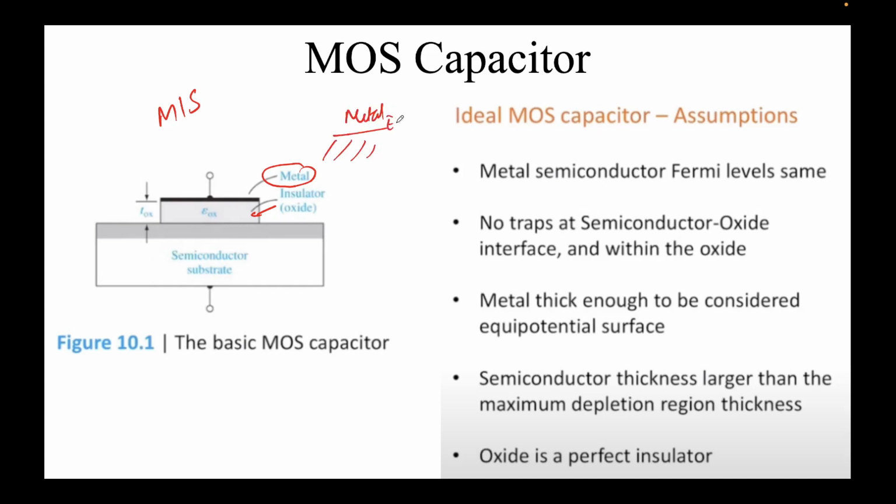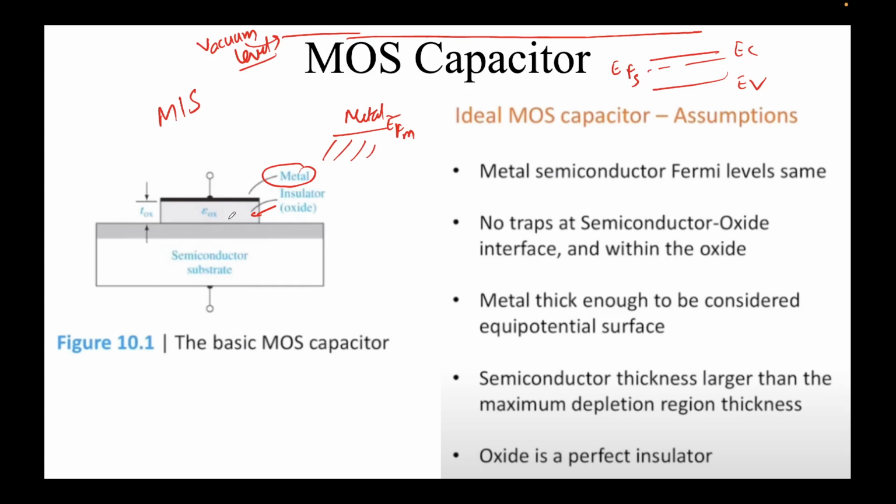This is the Fermi level of the metal, and on the right side you have EC, EV, and depending on how the doping is, it will have EF. Everything is measured with respect to the vacuum level. So EF metal and EF semiconductor are not actually the same, but we are assuming them to be the same.